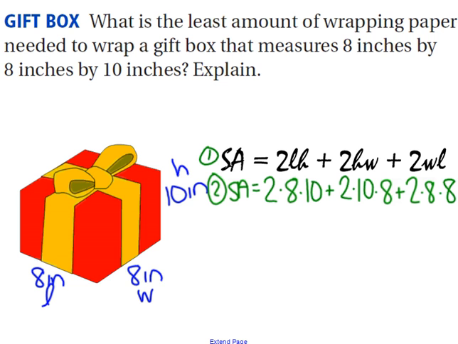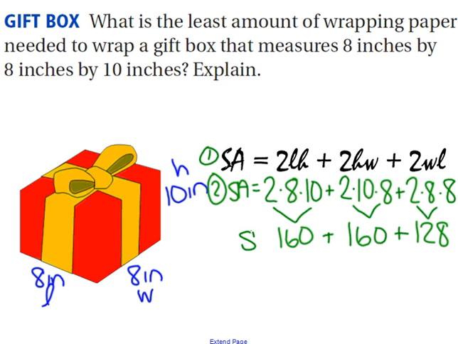And when we do that multiplication, for the first 2, we're going to get 160. And then for the third multiplication, we're going to get 128. And then all 3 of those added up will give 448.